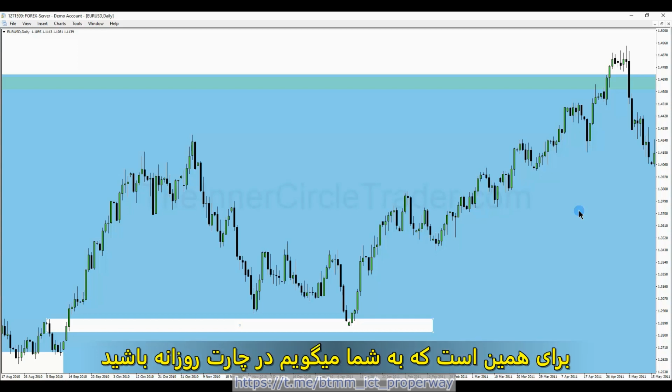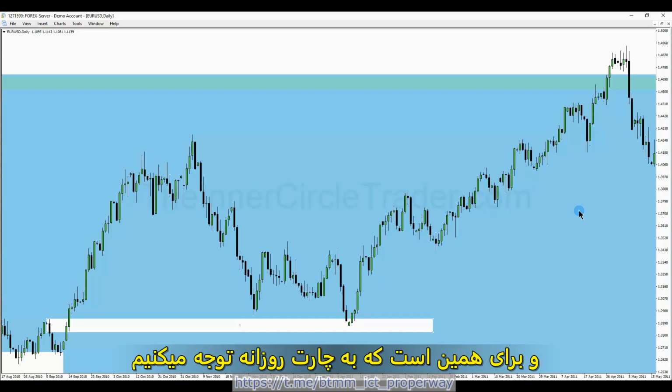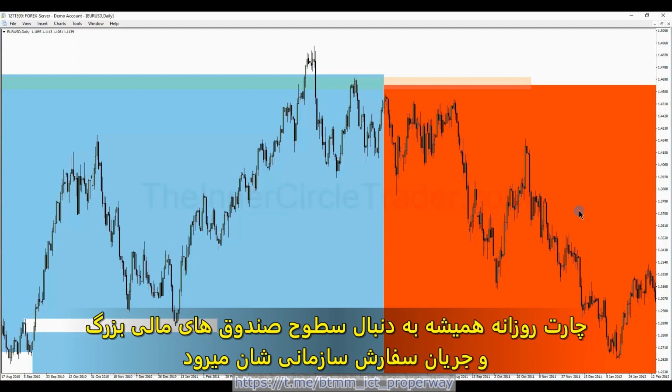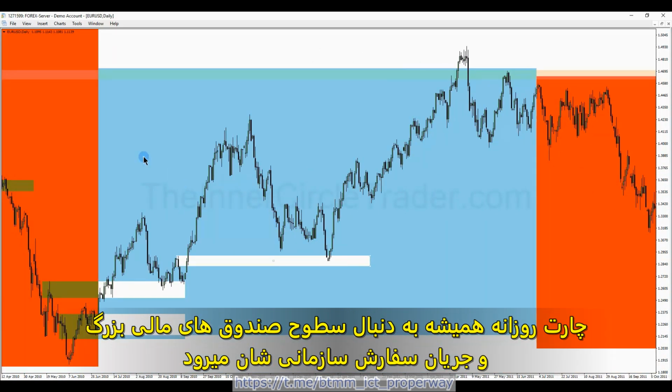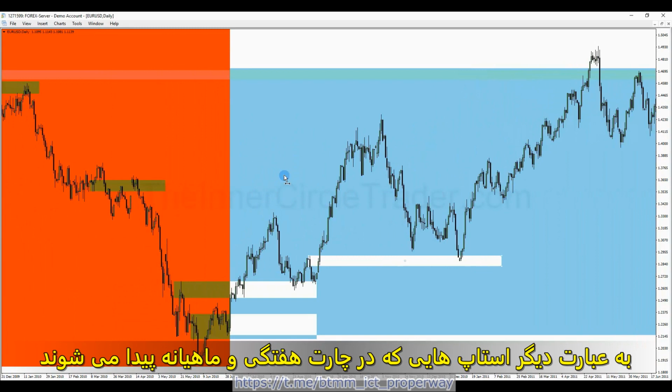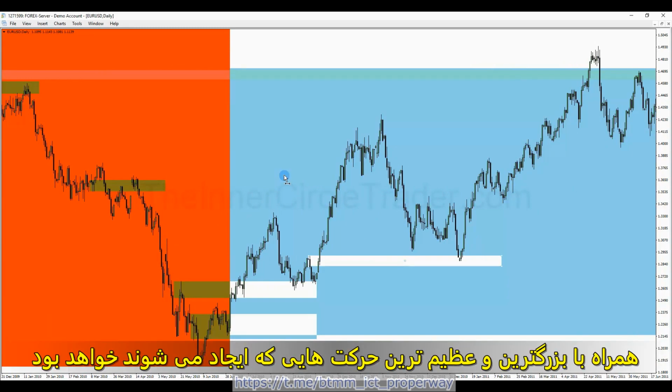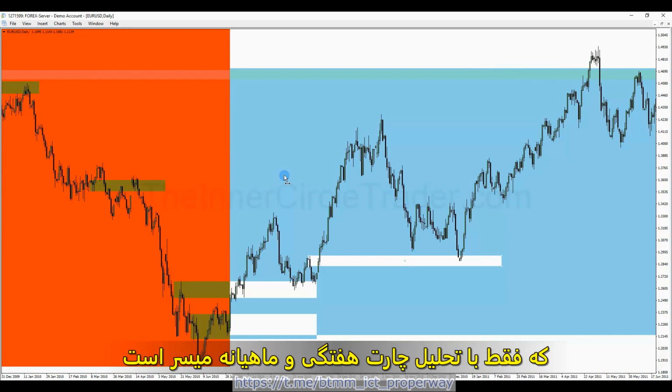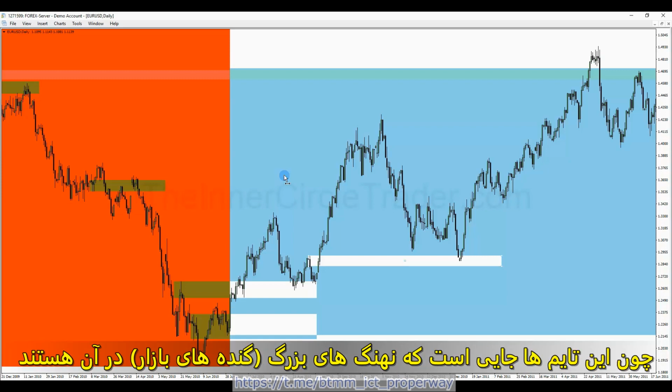That's why I tell you on the daily chart, and again, this is why we're looking at daily, the daily chart will always seek the fund level institutional order flow. In other words, the stops that are found on monthly and weekly charts. You're going to see all your signals that have the greatest magnitude, the biggest moves that take place, are always going to be found on that monthly and weekly basis, because that's where all the large whales are.